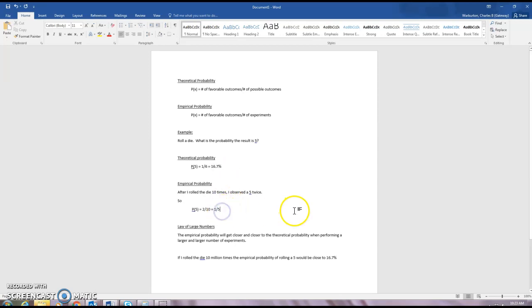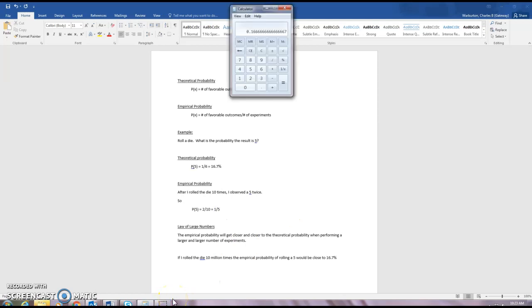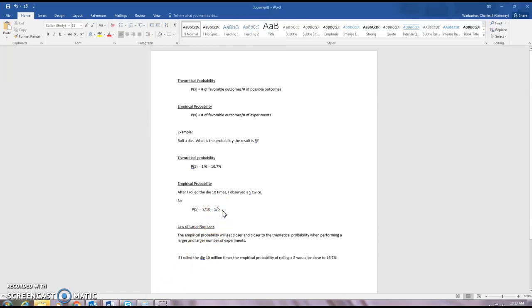However, 1/5, when I divide, ends up being 0.2, or 20%. Notice that these two probabilities are different.